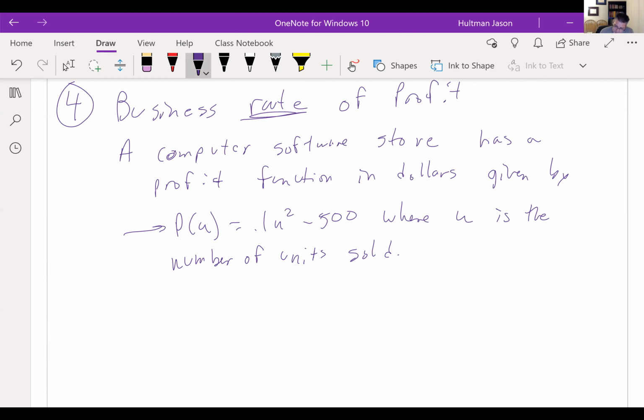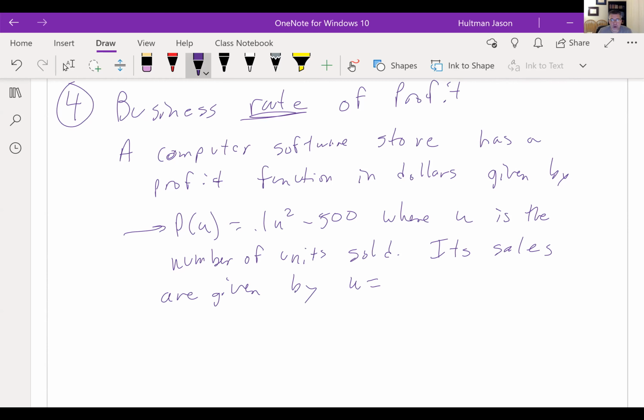Okay. Its sales are given by, okay, u. So now u is going to be a function of something else.